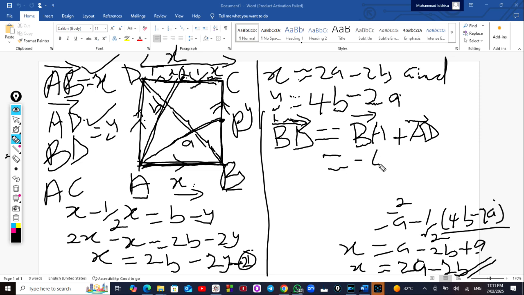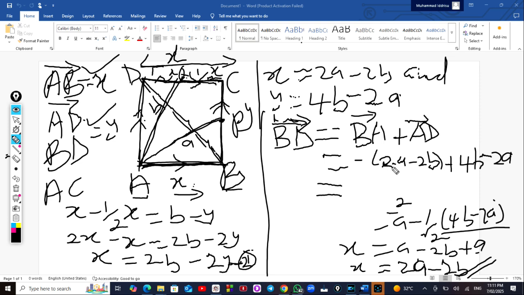So negative, what is our AB? x, negative x. Now our x is 2A minus 2B, plus AD, which is y. AD is the same as y, and our y is 4B minus 2A.